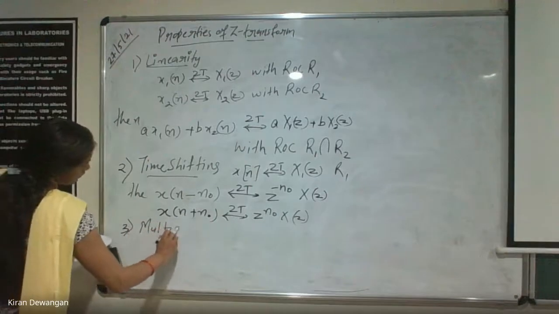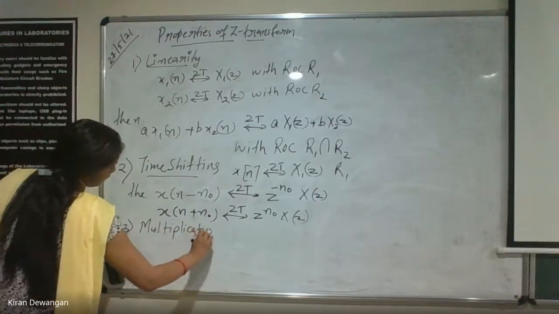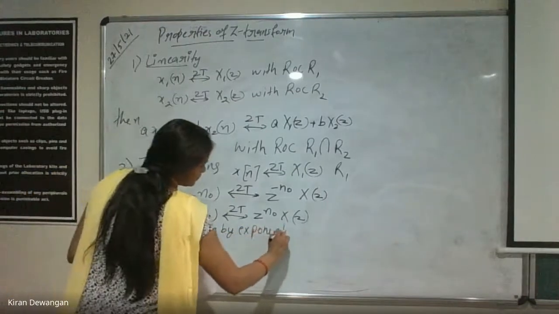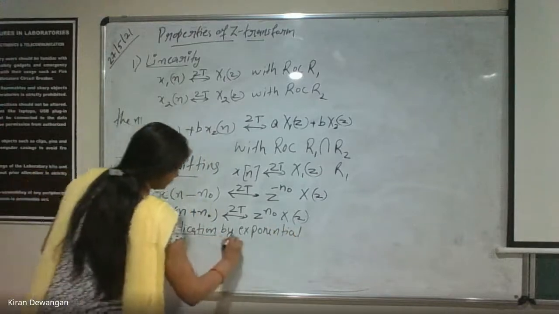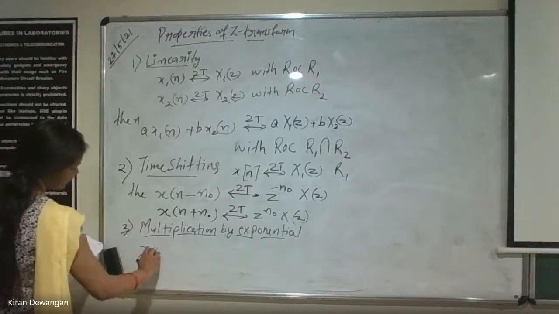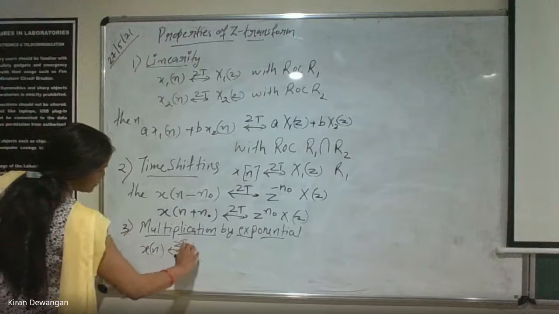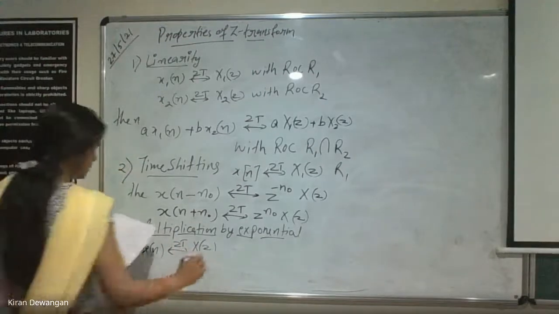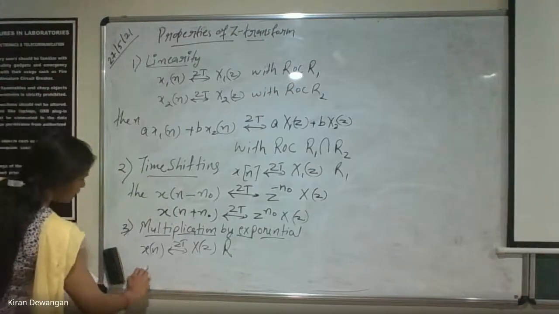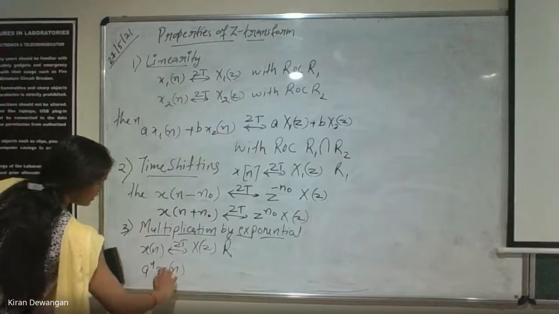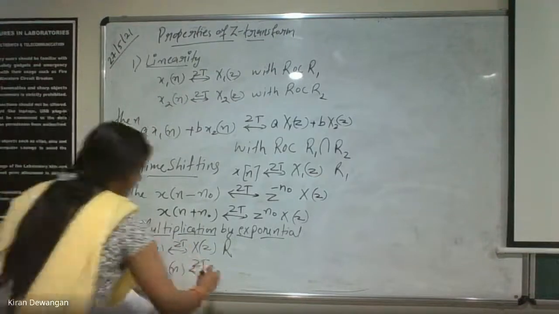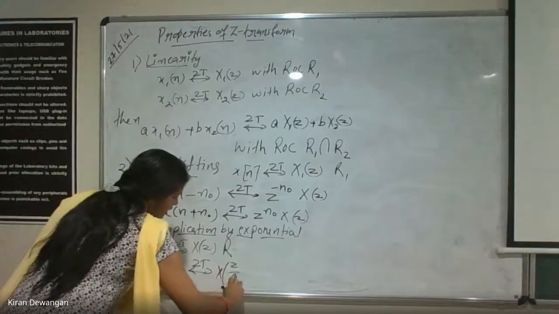Multiplication by exponential. That is, if I have x of n with Z transform X of z with ROC R, then if I multiply a to the power n with x of n, it will have Z transform X of z by a.